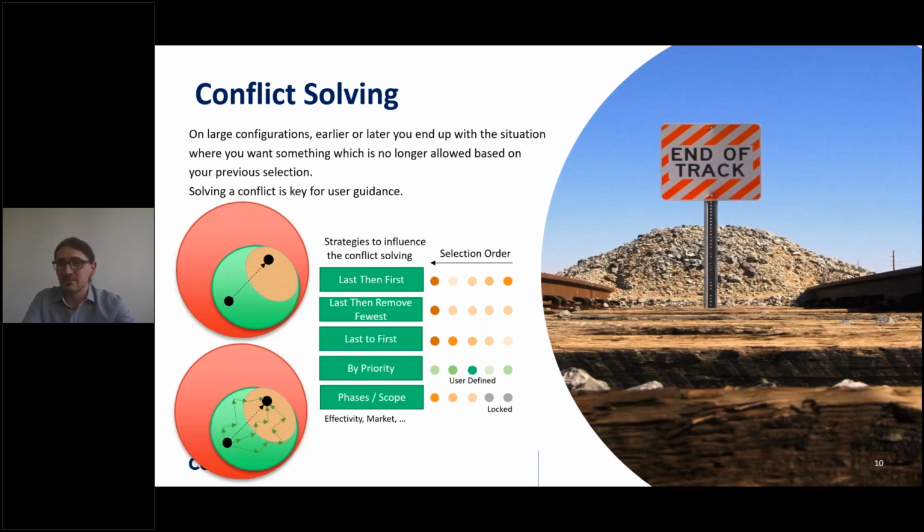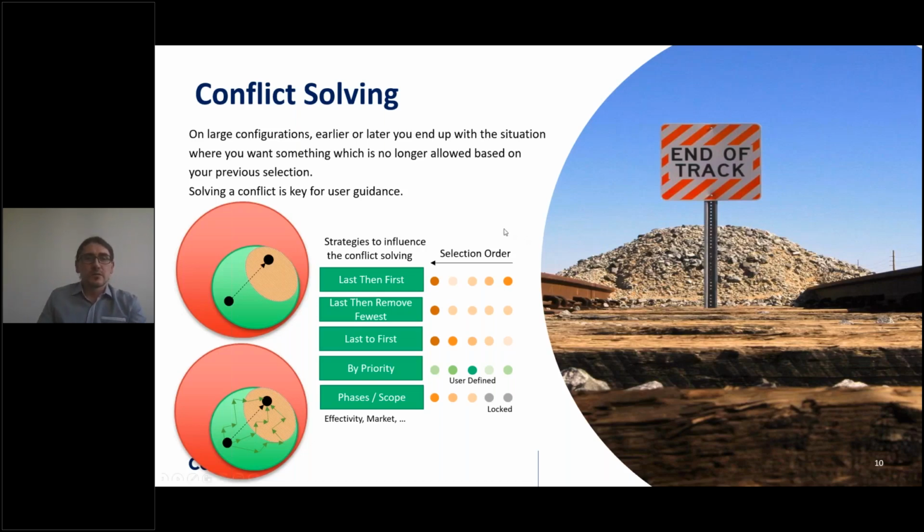I mean, I can't do that. I have to register it in Germany, so there is no way to get to that. So with phases and scopes, we really can lock certain elements out of the conflict solving so that it will only be solved on the ones which make sense to remove or change.